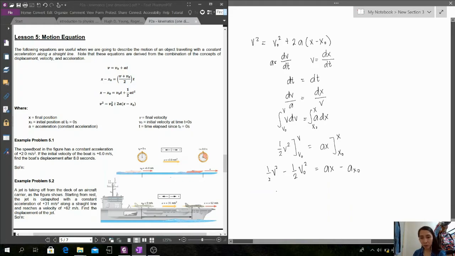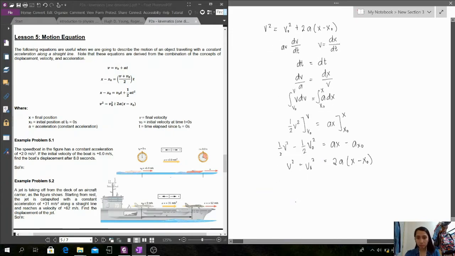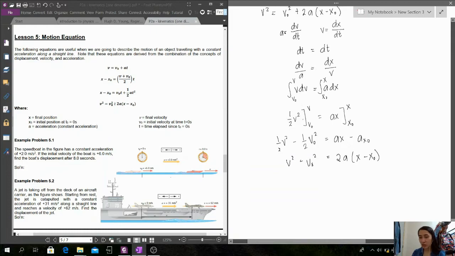Multiplying by 2, v squared minus v sub o squared is equal to 2a times x minus x sub o. And rearranging, we have v squared is equal to v sub o squared plus 2 times acceleration times x minus x sub o.